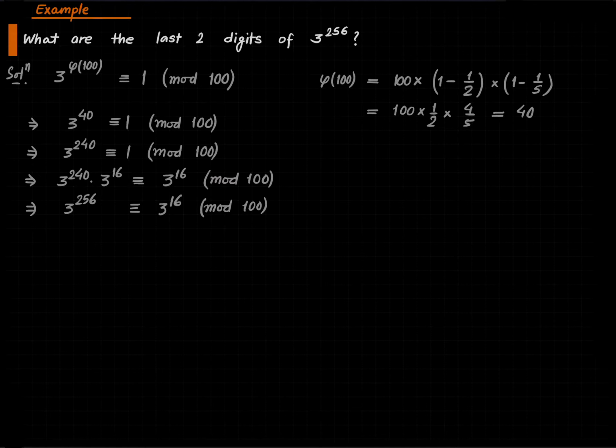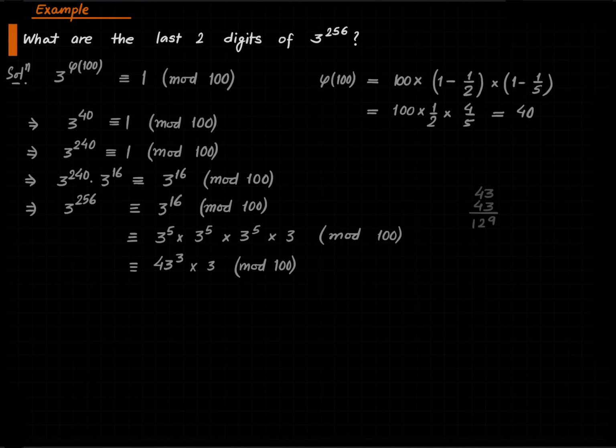And now one can do it any which way. So let's see. 3 to the power 5 is what? 243. So let me write the right hand side as 3 to the power 5 into 3 to the power 5 into 3 to the power 5 into 3. But 3 to the power 5 is 243, which is something I'll write as 43. So it is 43 cube into 3. But now it's some computation. So 43 square is congruent to 49 modulo 100.